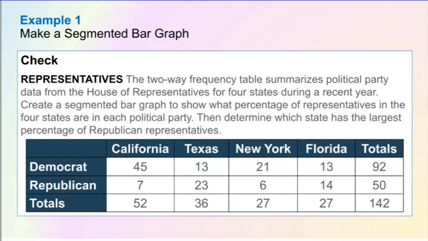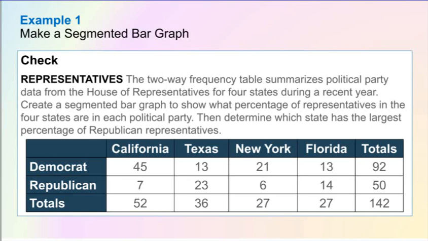Next part, the two-way frequency table summarizes political party data from the House of Representatives for 4 states during the recent year. Create a segmented bar graph to show what percentage of representatives in the 4 states are in each political party. Then determine which state has the largest percentage of Republican representatives.